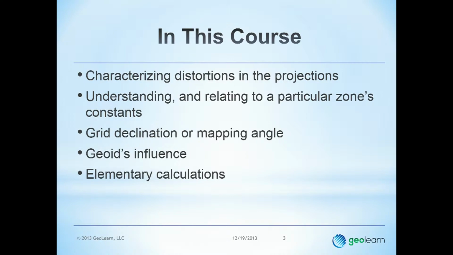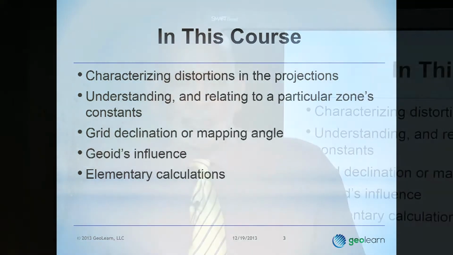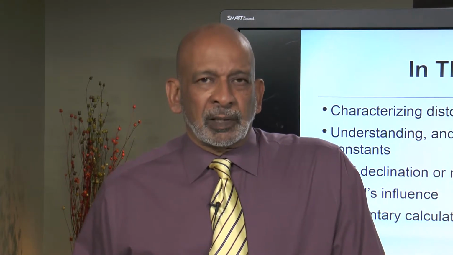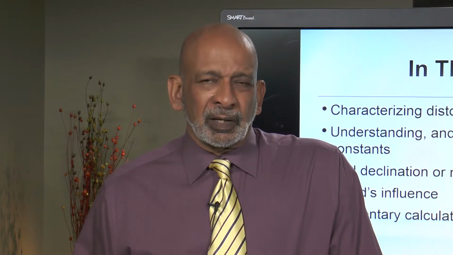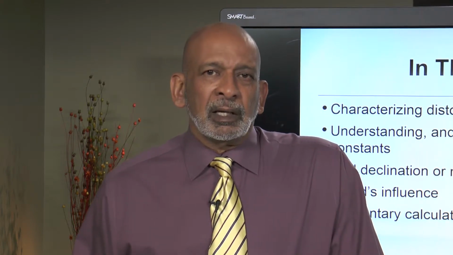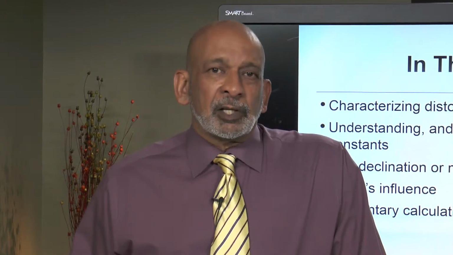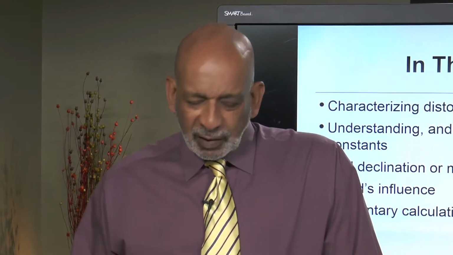We'll just briefly touch on the geoid. It's not a major factor with state plane coordinates. And then we will talk about some of the beginning calculations. And really more conceptually, it will be only in the next one where we'll start to do some simple addition, subtraction, multiplication, and division.